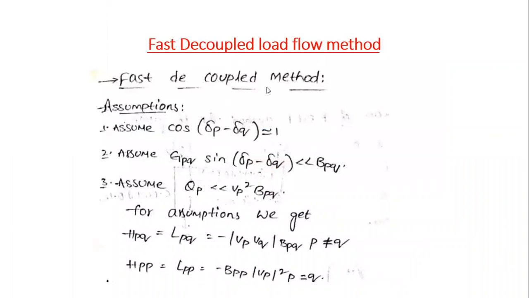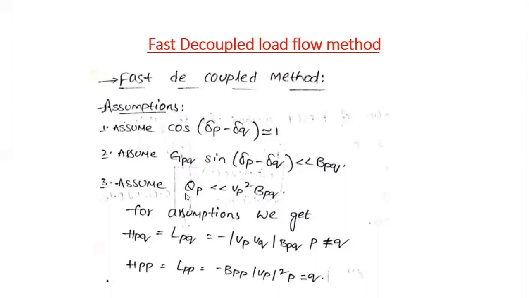First of all, what assumptions are taken for the fast decoupled load flow method? First, assume cos of (delta P minus delta Q) is equal to 1. Next, assume G_PQ sin of (delta P minus delta Q) is less than or equal to B_PQ. These are the assumptions for solving the load flow solutions.